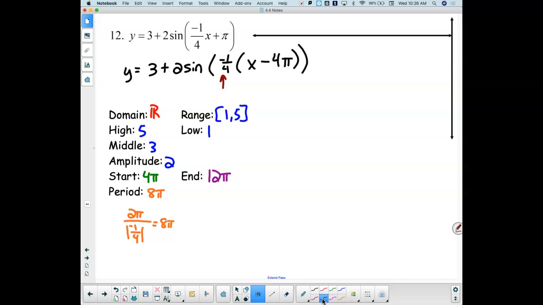Correct. If it's negative A and negative B and it's sine, it's back to normal, because it flipped and flips. But if it's negative cosine, it still just flips one. Yep, okay? Alright, now, I am a draw my function first type of person.